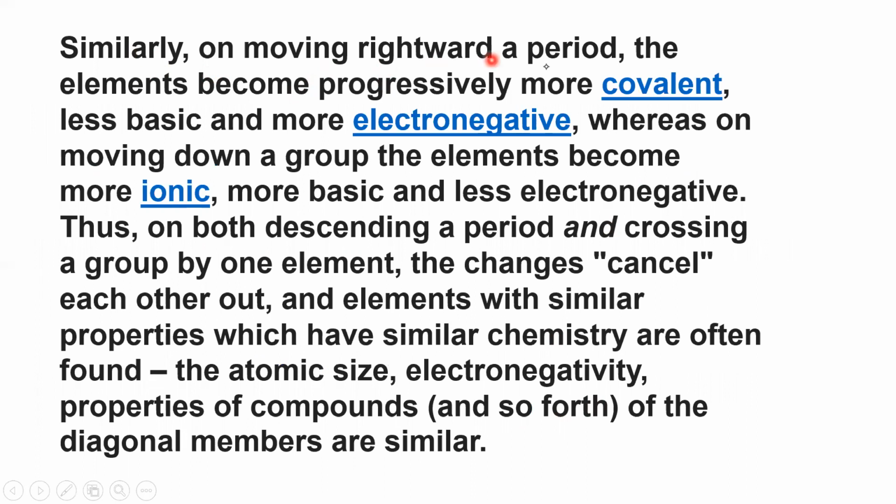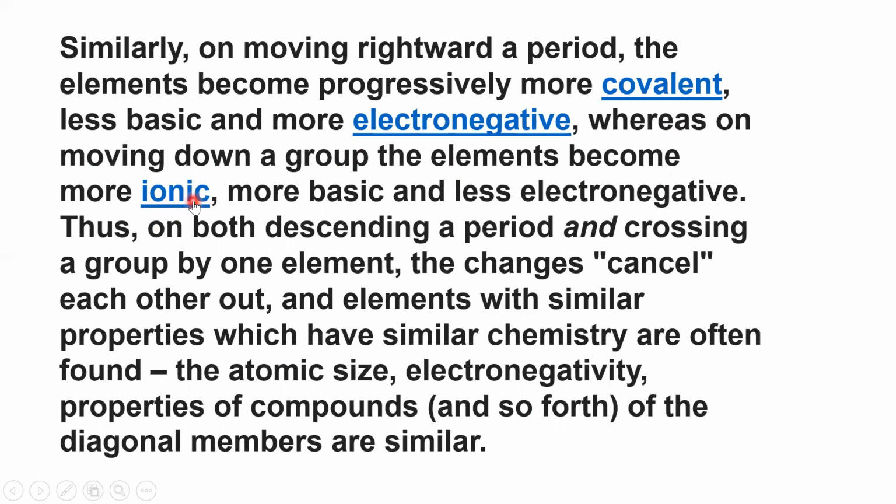Similarly, on moving rightward across a period, the element becomes progressively more covalent because of non-metallic character. Across the period, the compounds formed are more covalent, less basic, and more electronegative. Whereas on moving down the group, the elements become more ionic because of metallic character. As metallic character increases, metal and non-metal combinations form ionic bonds.